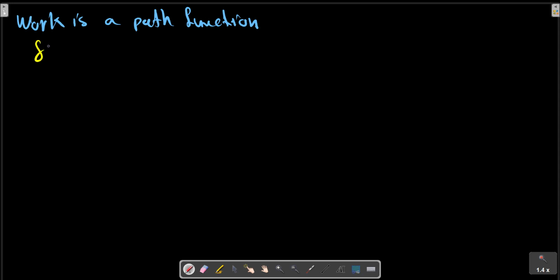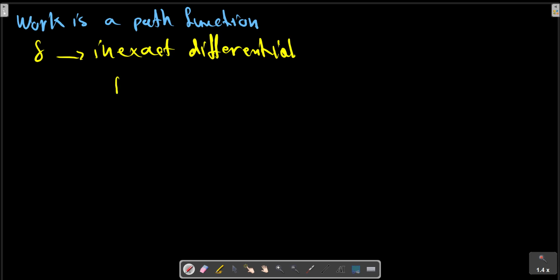We'll be using this to designate the differential of a path function. Thus for work we write this expression.